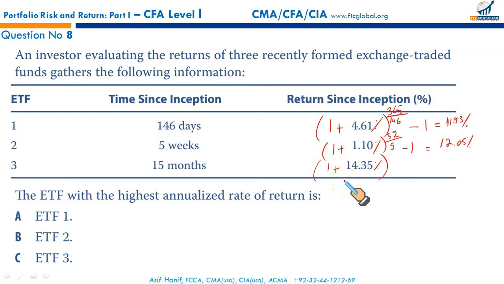How many months are there in a year? 12. Months since inception, 15. Minus 1 would give you 11.32%, which means the ETF with the highest annualized rate of return is your fund 2, ETF 2. That makes B to be the correct option.